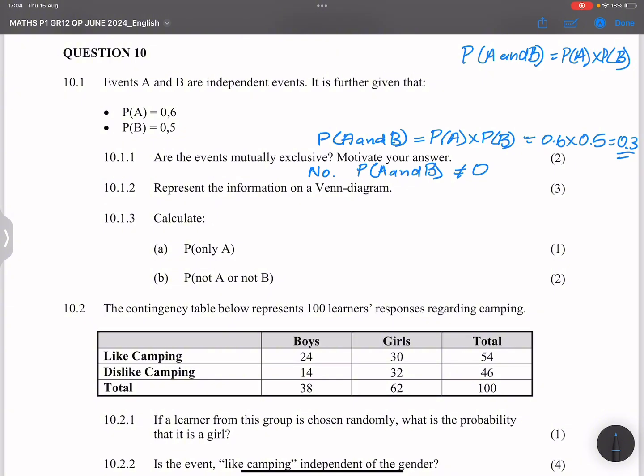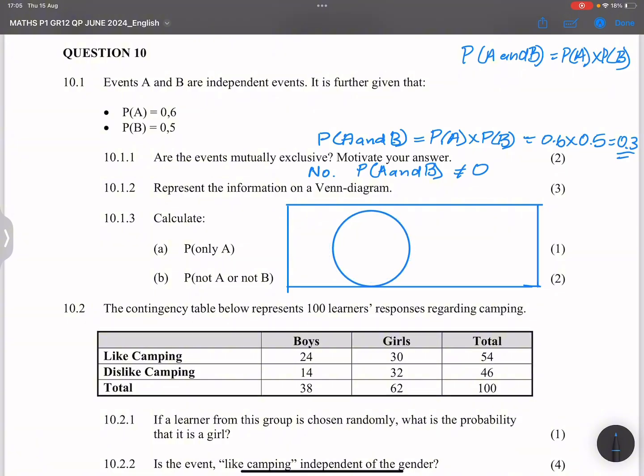Now they say to us, represent the information on a Venn diagram. Very important for us to know what we are doing here. Because we already know that these are not mutually exclusive events, that means that there is an intersection.